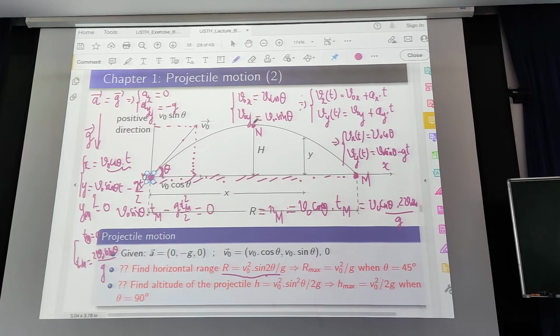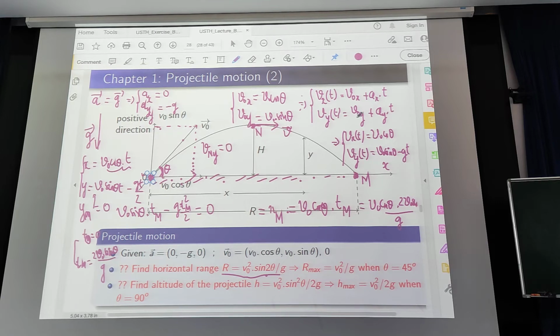Tangent here is at the highest position, so the velocity is pointing in this direction, V. And if he resolves V along y, because it's parallel to the horizontal, meaning perpendicular to y, from here he can get Vn along y equal to 0.